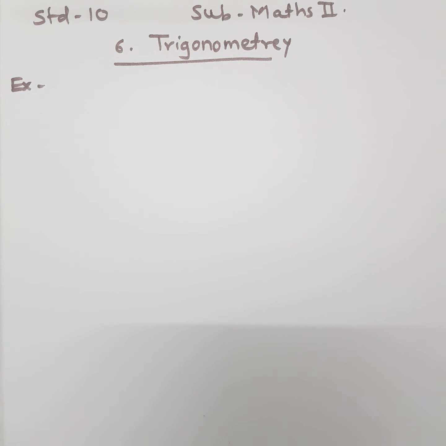By using the information given in the example, we should draw a rough figure, and then by using trigonometric ratios we can solve the example. In practice set 6.2 we have solved the first two examples, and some solved examples from the textbook also. Now we will see again some examples on application of trigonometry.